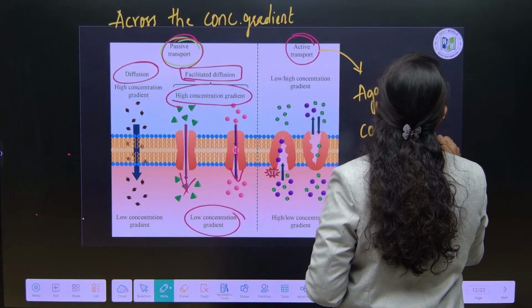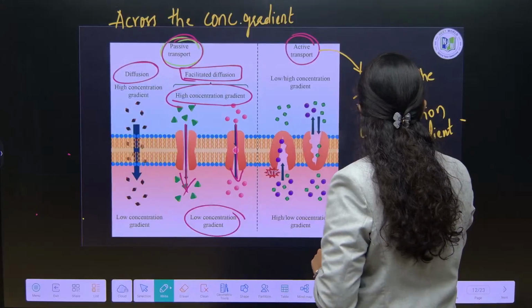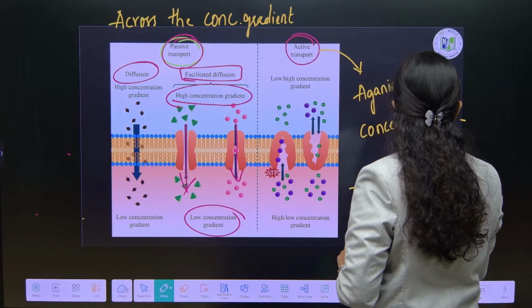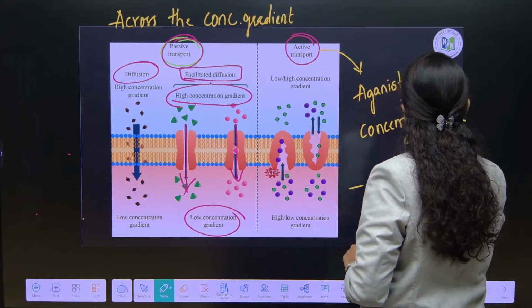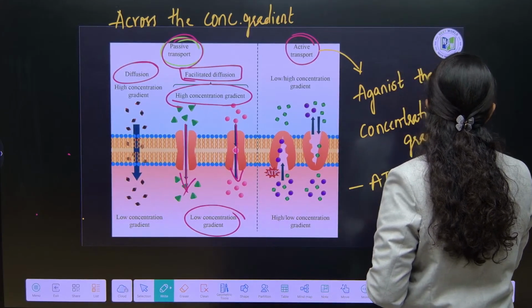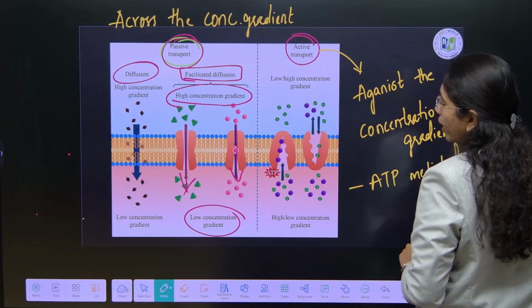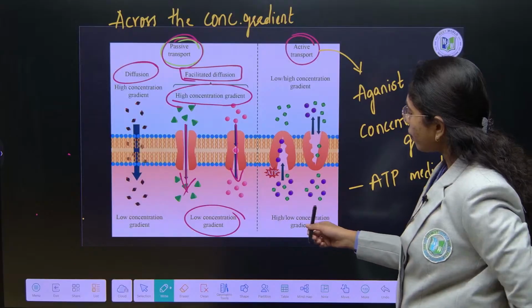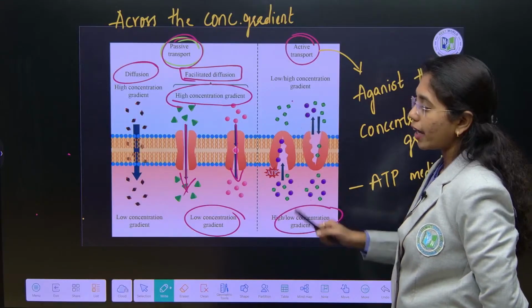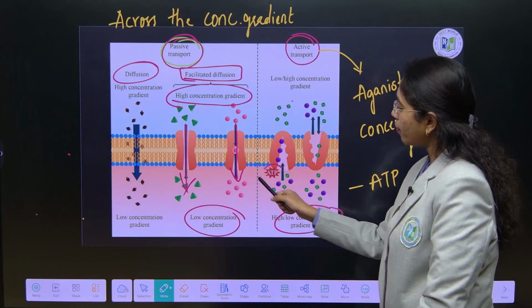As it is against the concentration gradient, active transport is an ATP dependent or ATP mediated process. Any doubts still here? So from low concentration to high concentration, the molecules are transported with the help of ATP.